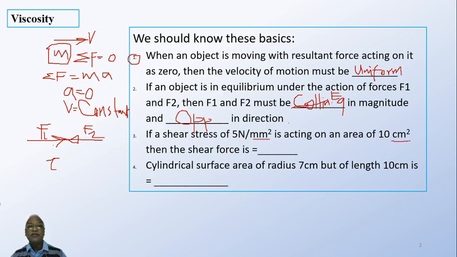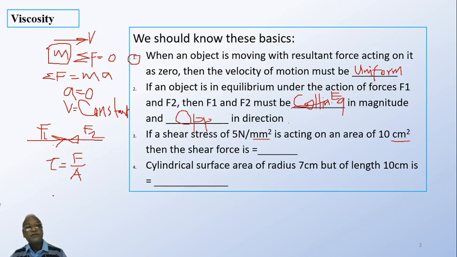You cannot just multiply, because you know that stress is given by the force divided by area. Now area is given in centimeter square with a magnitude of 10, and stress is 5 newtons per millimeter square. So when you multiply, there will be a mismatch of millimeter square and centimeter square. So you have to take care of this situation.